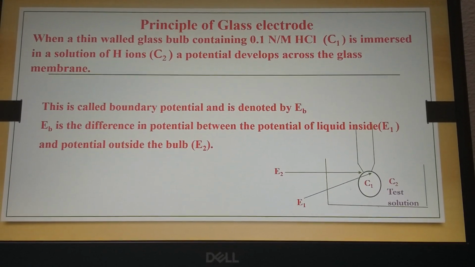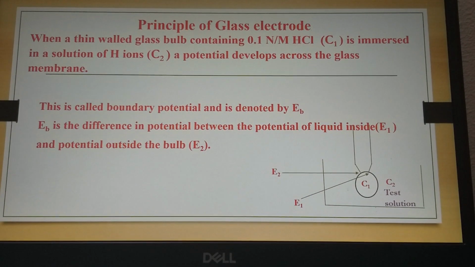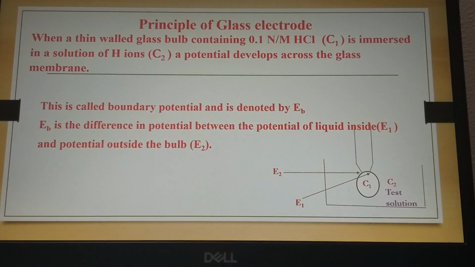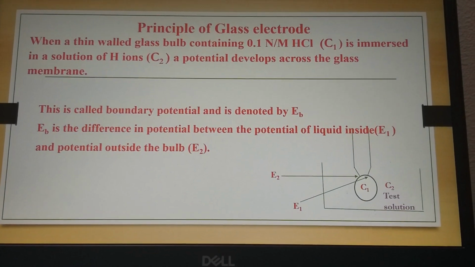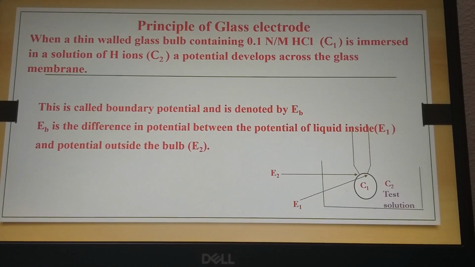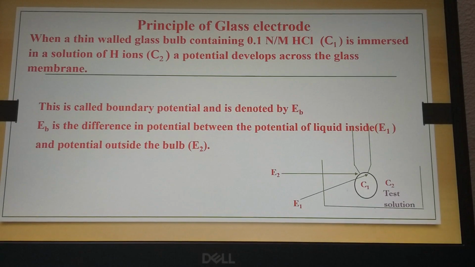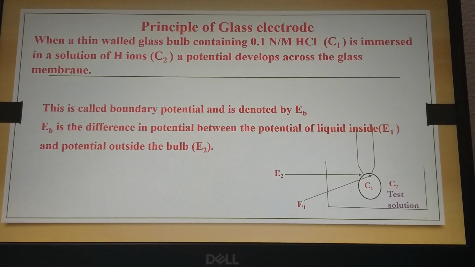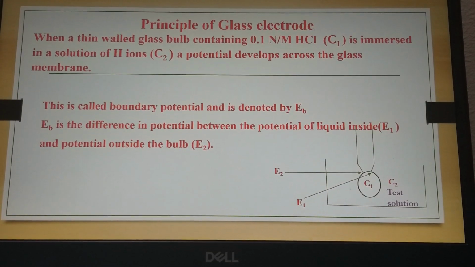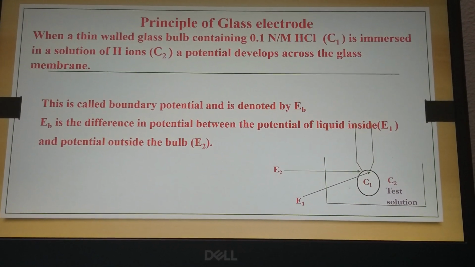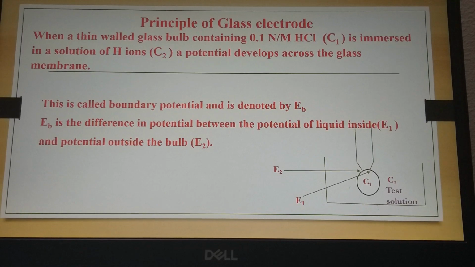When this bulb is immersed in the test solution with a concentration, say C2, it develops a potential across the glass membrane. This potential is denoted by E_b, and is called the boundary potential.